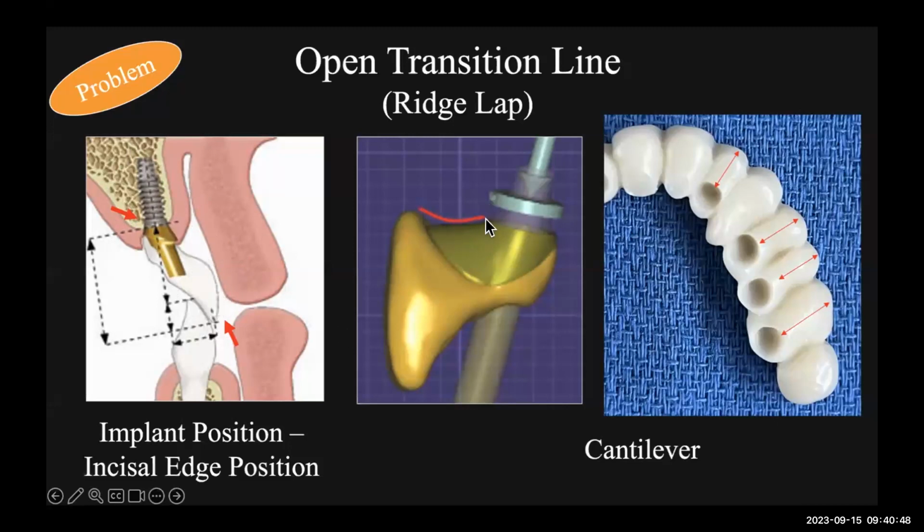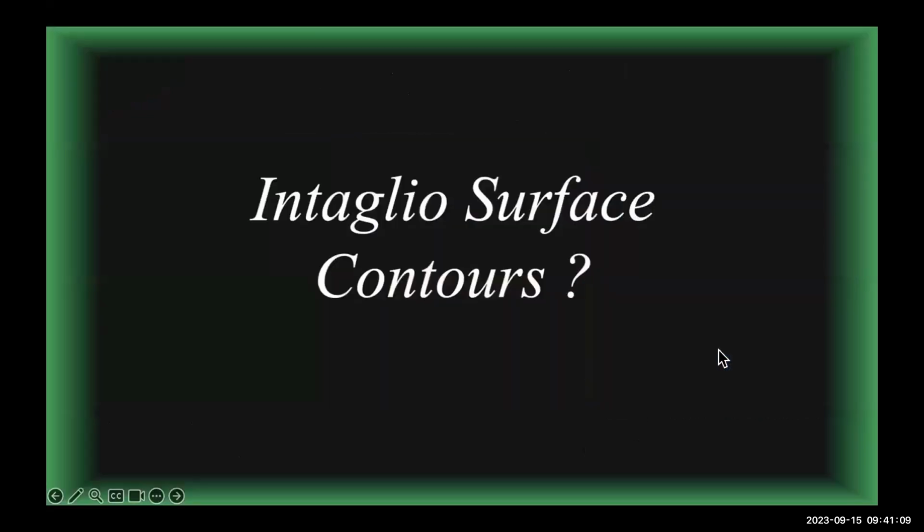That ends up with this ridge lap, and this ridge lap becomes problematic. That is in the anterior. In the posterior, the bone resorbs from buccal to lingual, that results in a lot of the implants being more lingually placed, but we don't want to put the patient in crossbite, so we build out that buccal corridor, and now we end up with a ridge lap. So no ridge lap. Ideally, it should be a passive contact with the ridge.